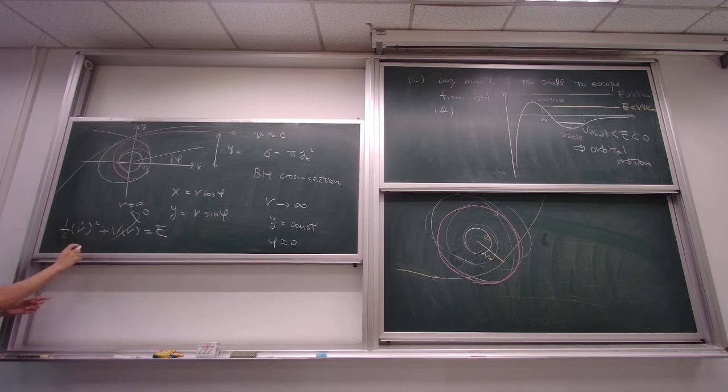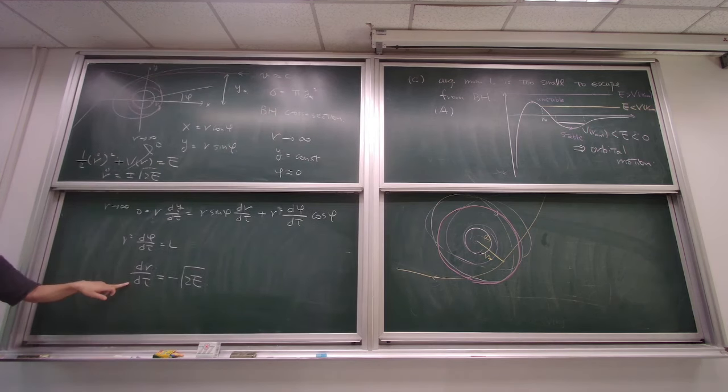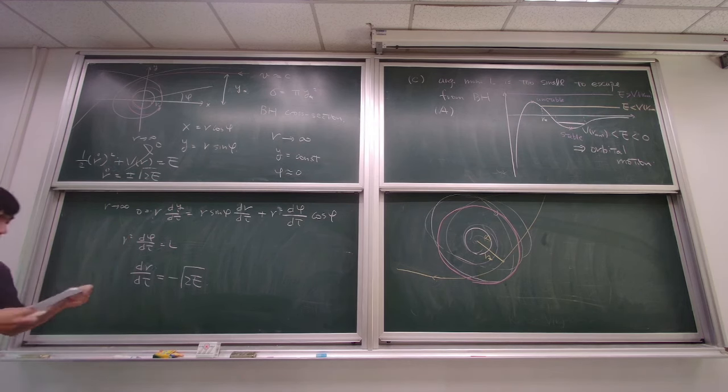Then if you take the square root, you have plus minus square root of 2E, right? Now we consider an incoming particle instead of an outgoing one, so you should pick the minus sign. Incoming means r is decreasing. That's why you get this one. And plug that one into here.